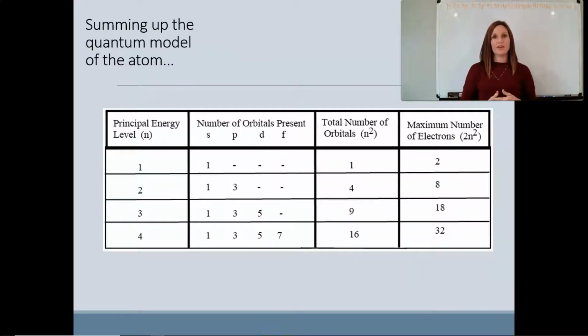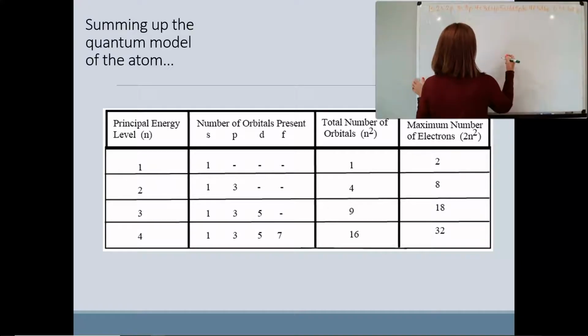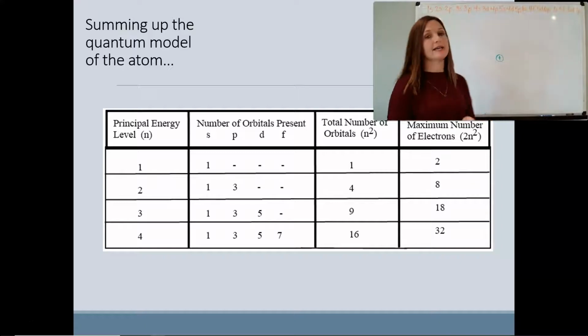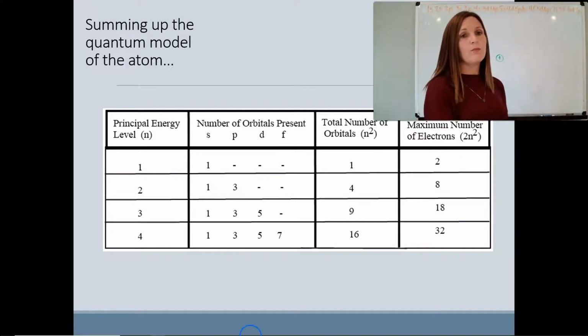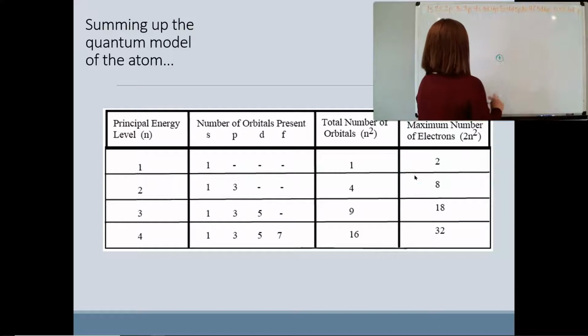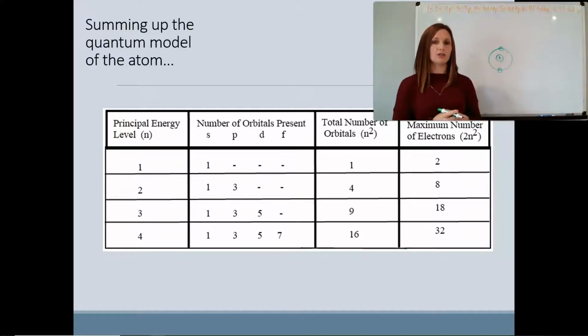So putting all of this together into a picture of what our quantum model of the atom starts to look like, we're going to start with a nucleus in the center of the atom, as we know. And we know that the first sublevel that would fill up would be 1s. And we know that principal energy level 1 has 1 s orbital and a total number of 2 electrons in it. So I'm going to put my s orbital drawn as a circle with 2 electrons at opposite poles of that circle.